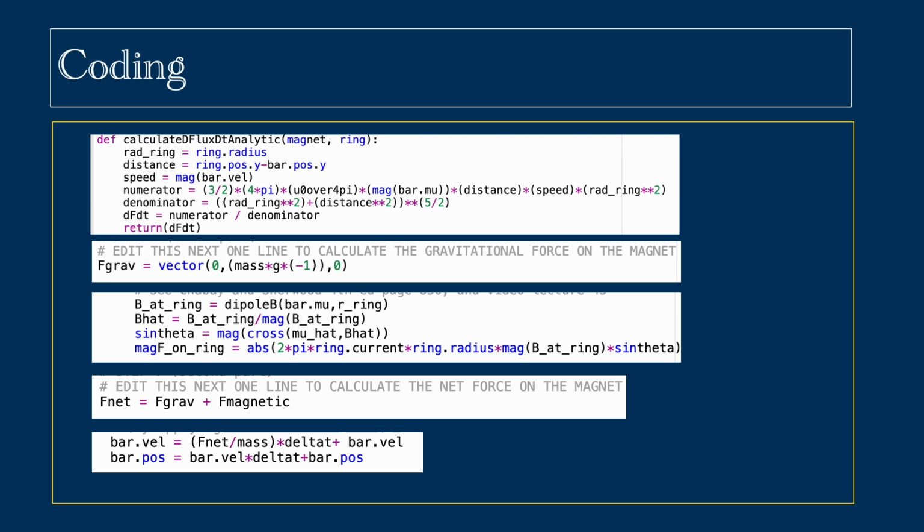These 4 lines of code were also changed to find the electric field at the ring, the direction vector of the electric field, and finally the magnitude of the force on the ring. Then one more line was edited to find the overall net force on the magnet, and we also had to tweak the velocity and position of the bar magnet.